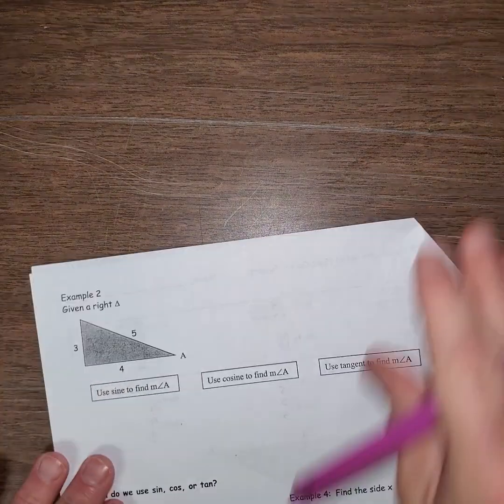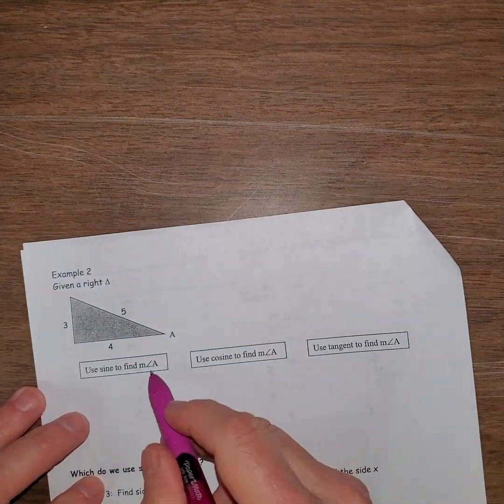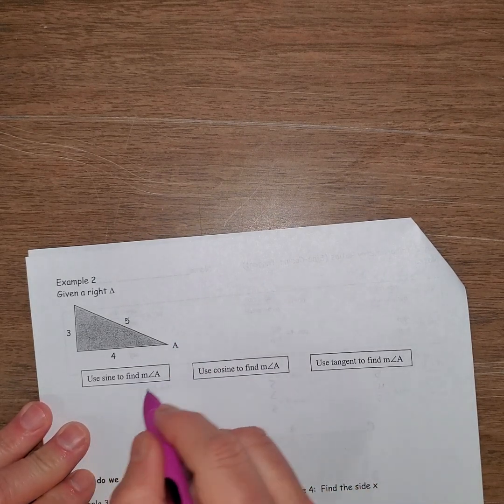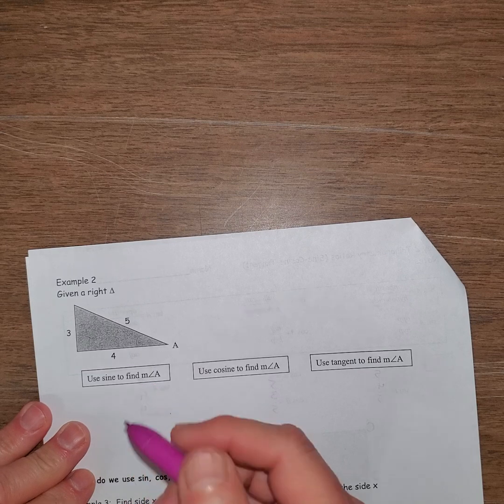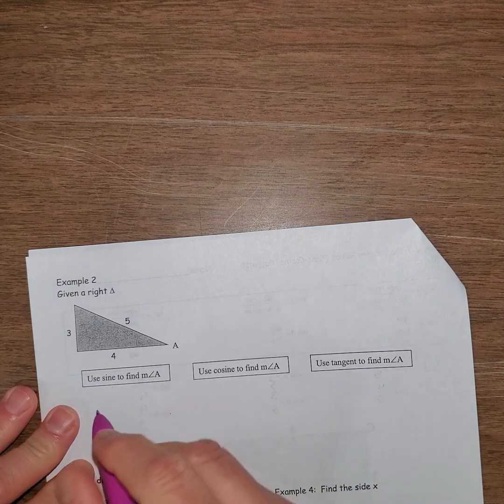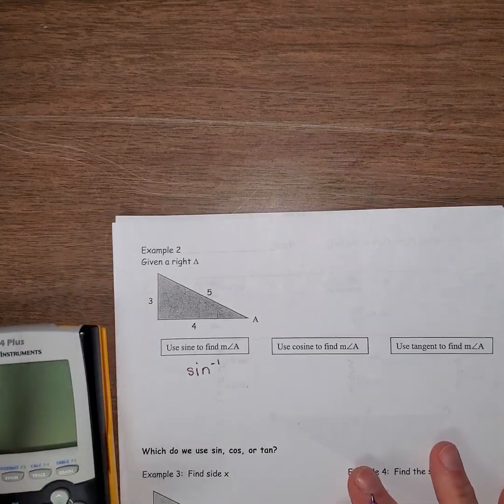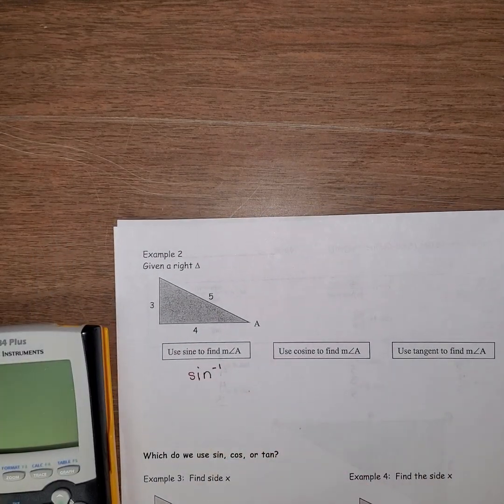All right. So we're going to use sine to find the measure of angle A. Remember when you find an angle, it's always the inverse function. So it would be inverse sine, first of all. On Desmos, it just has inverse sine that you can punch in.